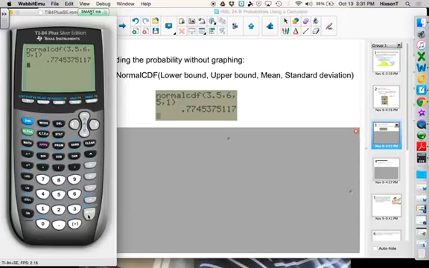And again, you can find it in the catalog, but it's easier just to type it out. Oh, you put a comma instead of a decimal point.